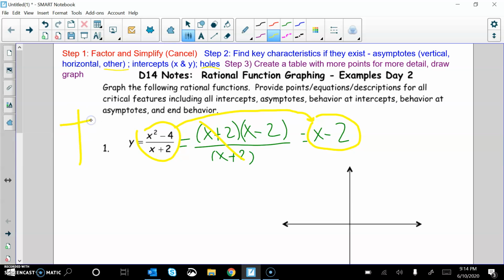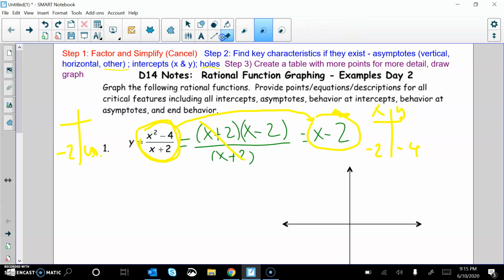So if we made a table for the given function, you cannot plug in negative 2. Plug in negative 2, your denominator is 0, so it'll be undefined. If you made a table for this one, you plug in negative 2, negative 2 minus 2 is negative 4. So for this function, it is defined, but we are graphing this one.